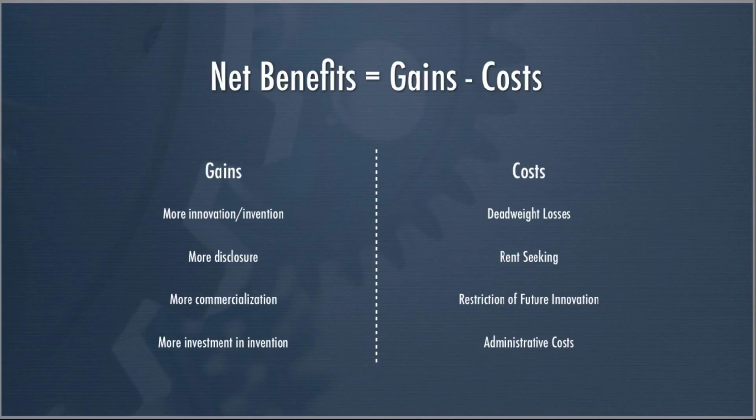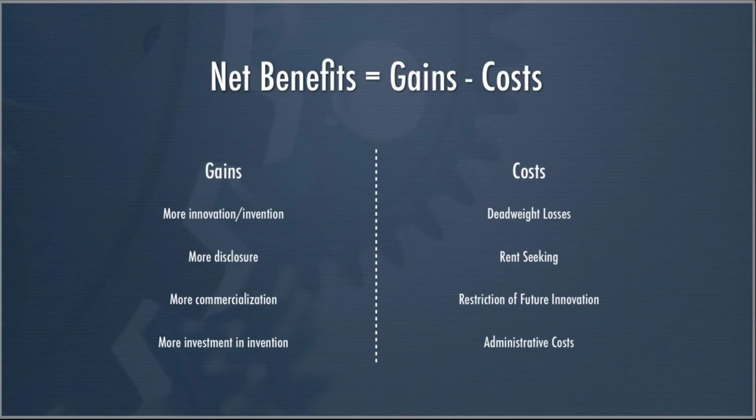On the other hand, the costs are going to be higher, right? If it's a broader patent, you're going to get more deadweight losses for the reasons we talked about a minute ago. People are going to race more, they're going to do more rent-seeking behavior and potentially bad rent-seeking behavior. The potential for restriction of future innovation is much higher with broader patents, and the administrative costs of both reviewing these sorts of patents and enforcing them will be higher.